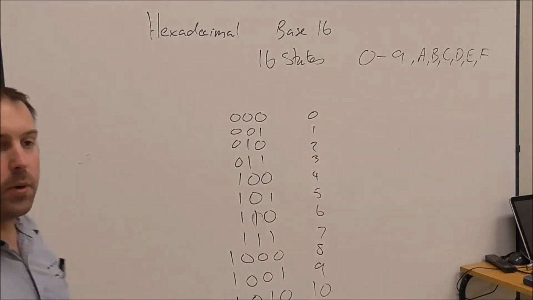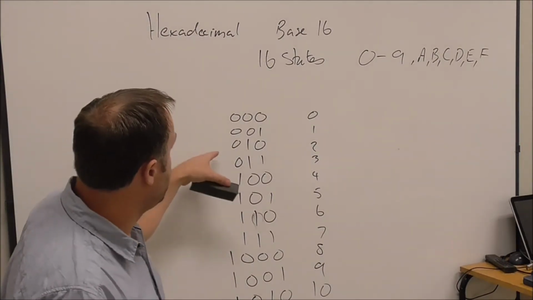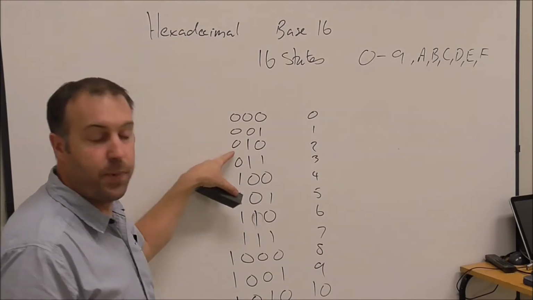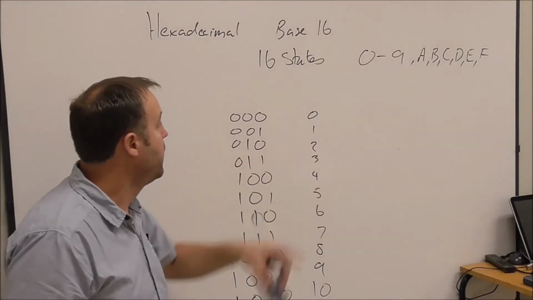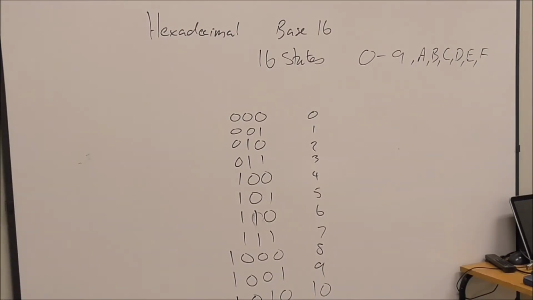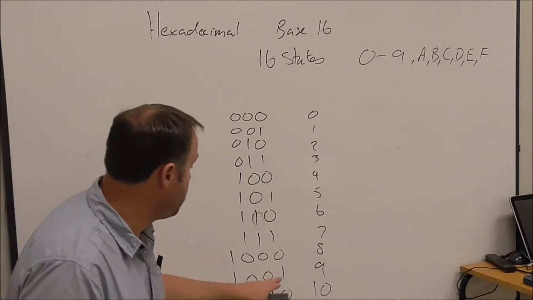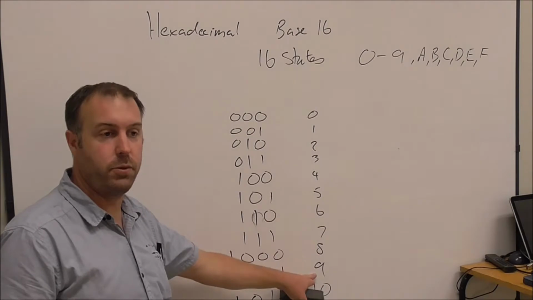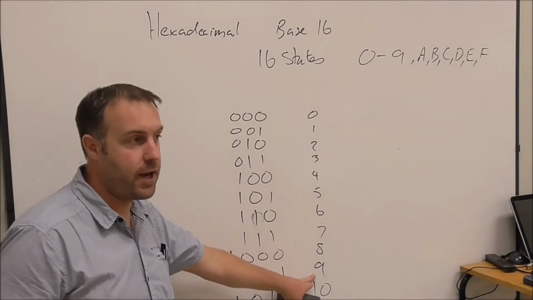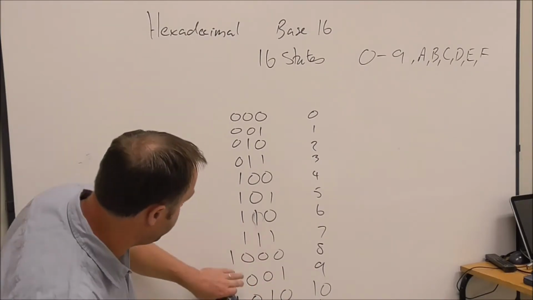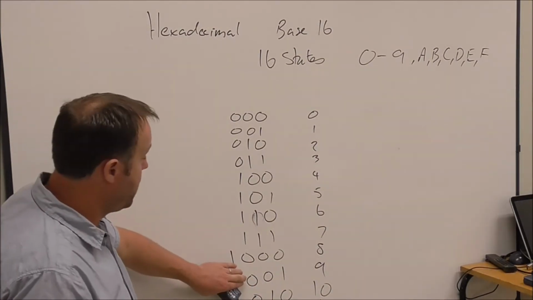Okay, now remember what we did with Octal. If I had the binary string 010, that corresponded with 2 in Octal. If I have the binary string 1001, that corresponds with, well, I can't represent that in Octal with a single character because I've only got 3 bits with Octal.